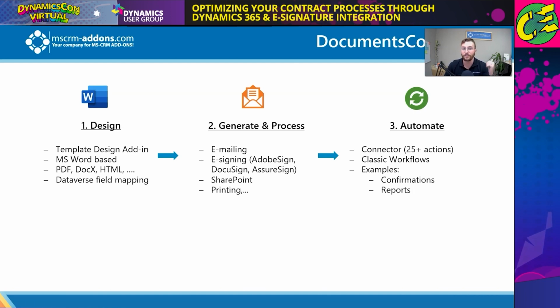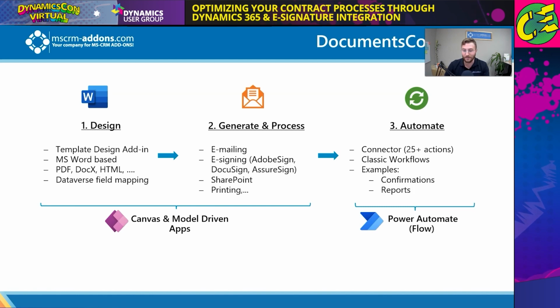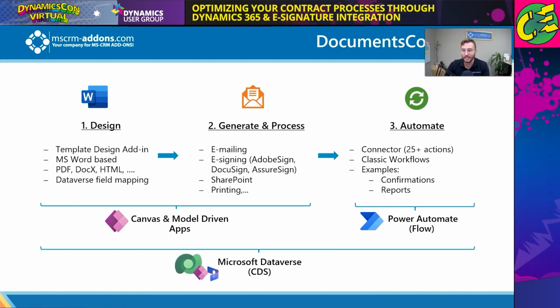However, this does function in both online as well as on-premise all the way back to CRM 2013 and possibly 2011 if you reach out to us beforehand. And yeah, this is all going to be encompassed in the Microsoft Dataverse. As mentioned, we're supporting both Dynamics as well as any Dataverse instance. So if you're just using a Canvas app front end, we're happy to integrate with that and allow you to generate documents there as well.